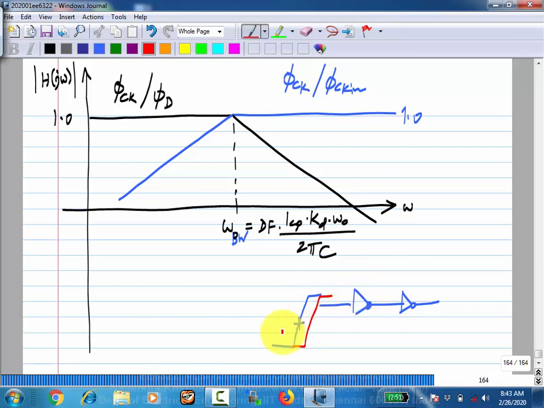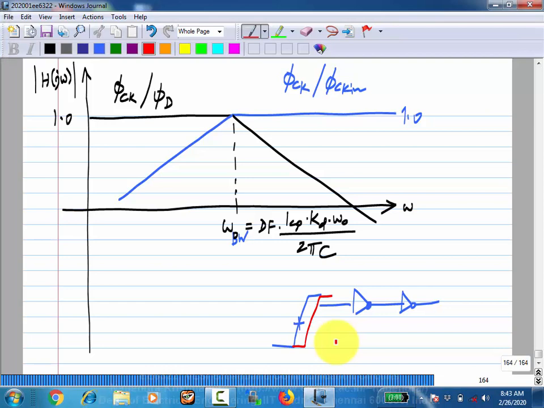So the instant at which it crosses the threshold is also influenced by the input referred noise. The noise of these stages will cause a jitter, right? Even if the input doesn't have any jitter, the output will have jitter. Or if you make an ensemble of many of these instances, and then apply the same input, the output edges will all be at slightly different times because of the internal noise.